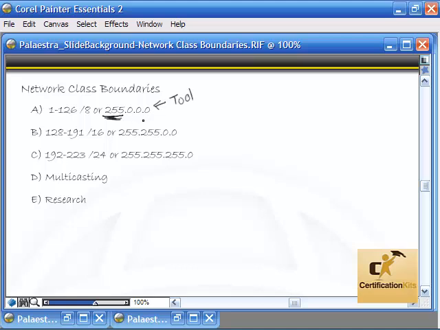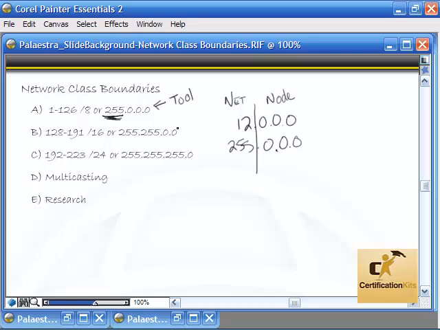It is a tool to allow us to tell where the network portion of an IP address ends and where the node portion of the IP address begins. It's kind of like allowing the postal carrier to tell the difference between the zip code and the street address. What this tool does, and this tool can be manipulated, is it tells the computers that, hey, left side of this line is network address, right side of this line is node address.